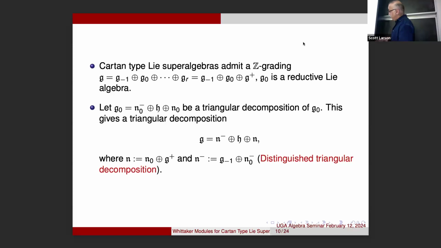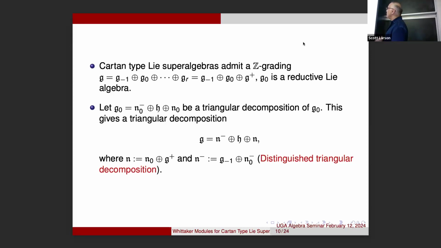For the Lie superalgebra case, you have to fix certain triangular decompositions to get some results. An important triangular decomposition people use is called the distinguished triangular decomposition. The way you construct this is as follows. You take a triangular decomposition of GLN, which is the G0 part, and then you turn it into a triangular decomposition for G. Basically, I add G plus to the n0 part to get the positive part, so n will be the n0 part in G0 plus all positive parts in the Z grading.